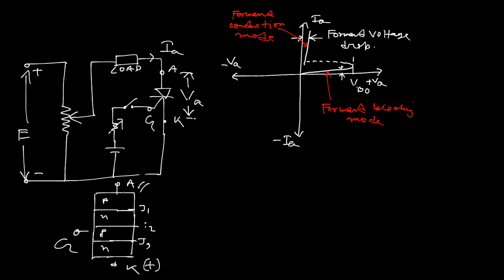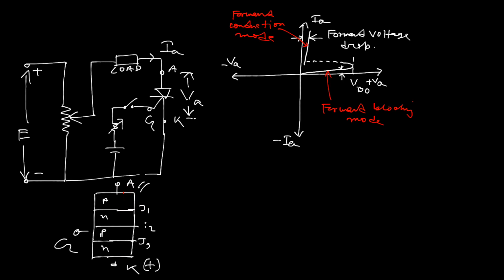That is why if we try to rapidly increase the cathode voltage with respect to the anode to cause avalanche breakdown across junctions J1 and J3, which is not required for the reverse biasing condition, then what happens? Then a huge amount of voltage can appear across cathode to anode.